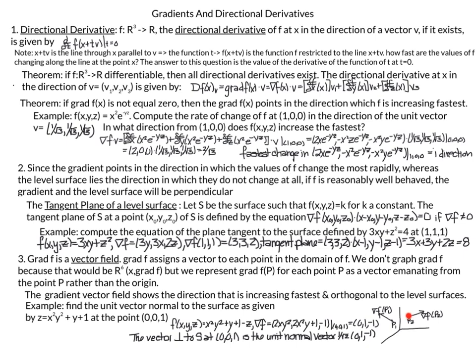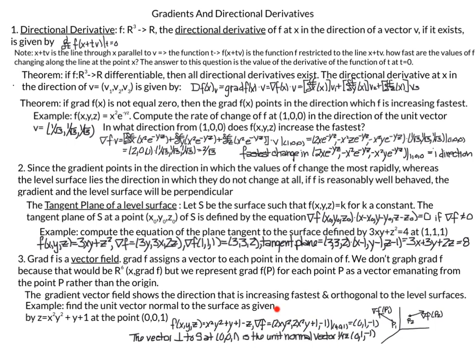Then we calculate the gradient at P2, and then we have whatever vector it is from the origin, and then we just move it up to P2, and that's how we represent the vector field. The gradient vector field shows the direction that it is increasing fastest and orthogonal to the level surfaces.